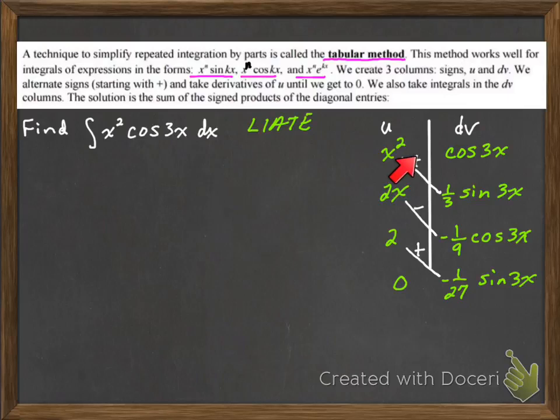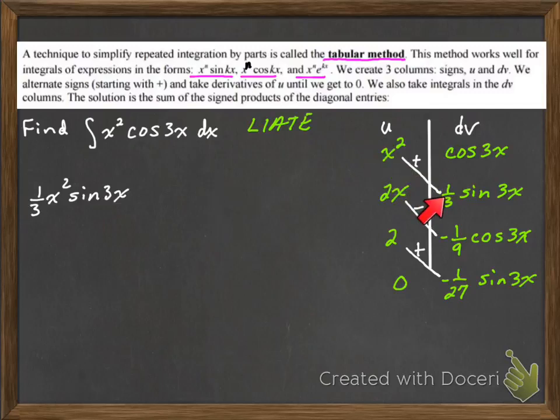All right, so what this is going to be then is positive 1 times x squared times 1/3 sine 3x. So our first term then is going to be 1/3 x squared sine 3x. That's our first term from right here.